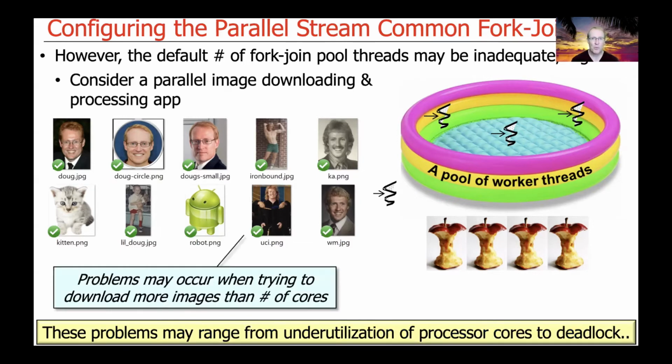What'll happen when we have more images to download than we have threads is we'll end up either underutilizing the number of available cores, and I'll explain why in a second, or perhaps ending up with deadlock. Let's focus primarily on the fact that you won't utilize the cores effectively. If we've got 10 images but only 4 threads, then when those first 4 images are downloaded, if they happen to be large, each of those 4 threads will block.